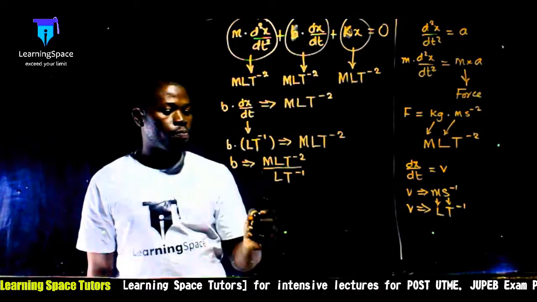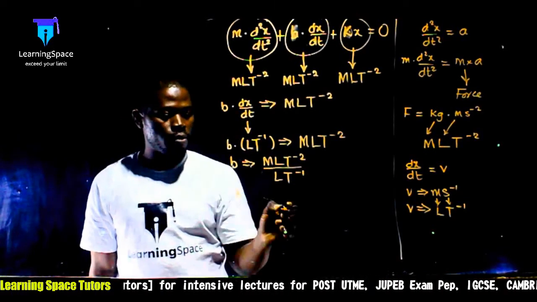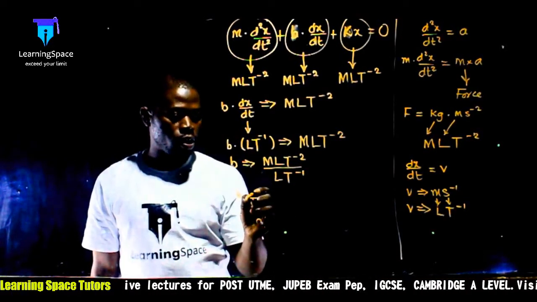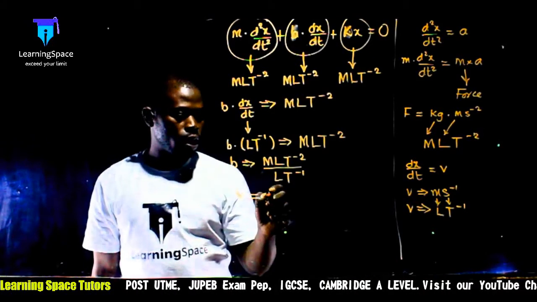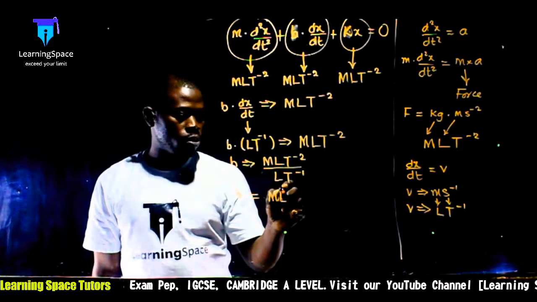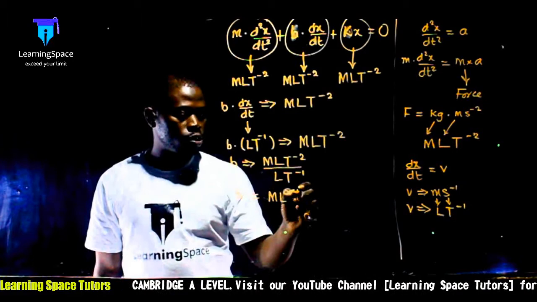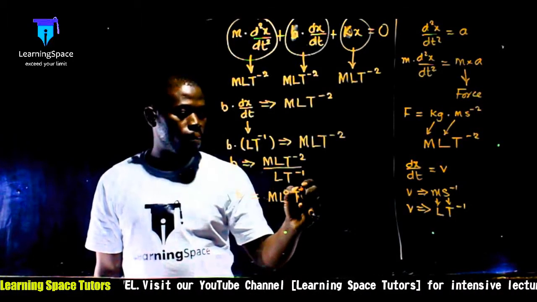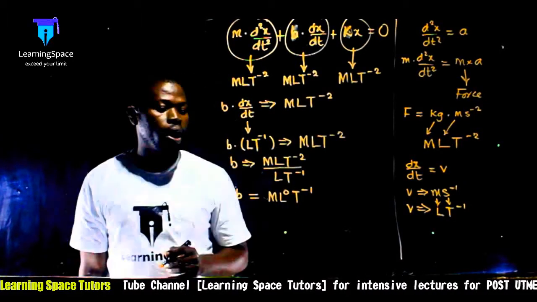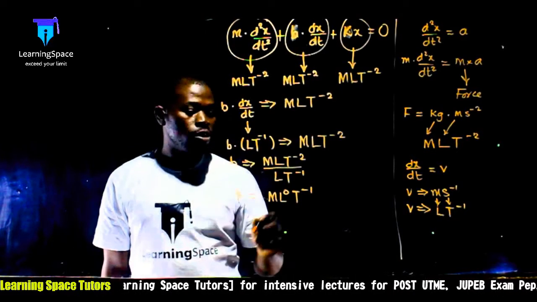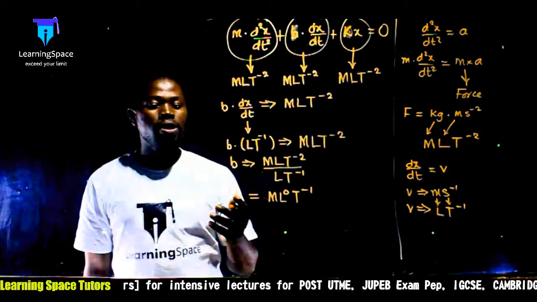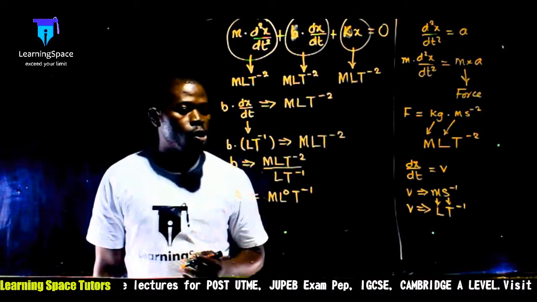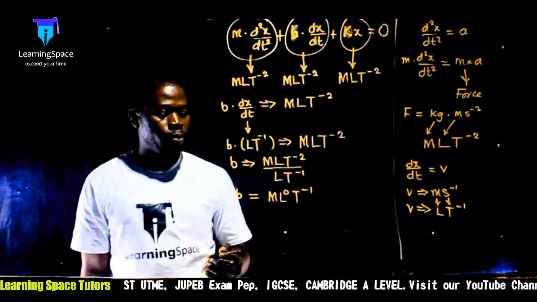Applying the principle of indices, b equals M L⁰ T⁻¹. From here we can determine the unit of the constant b.